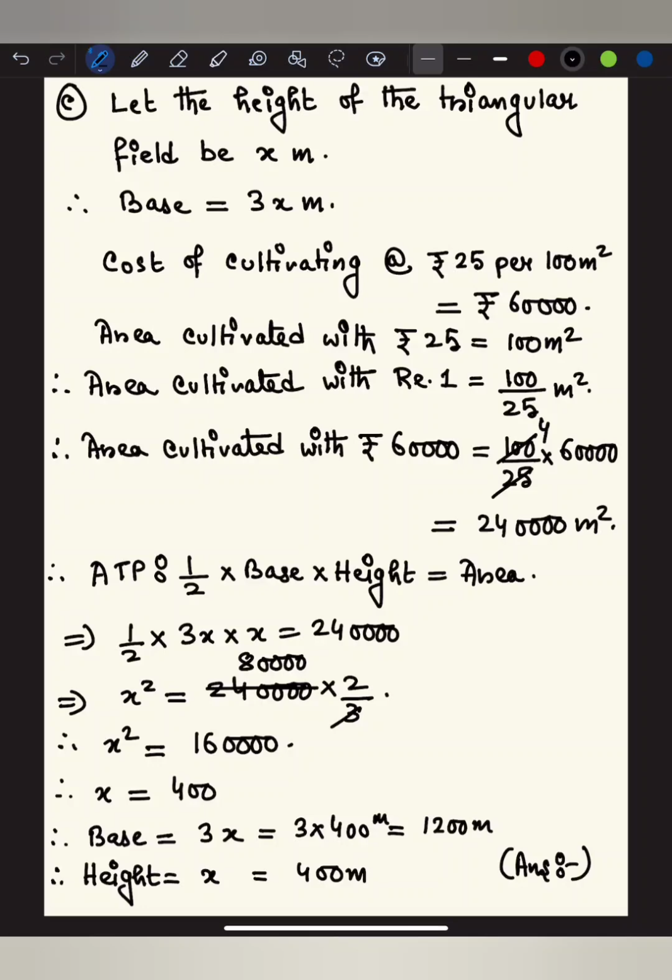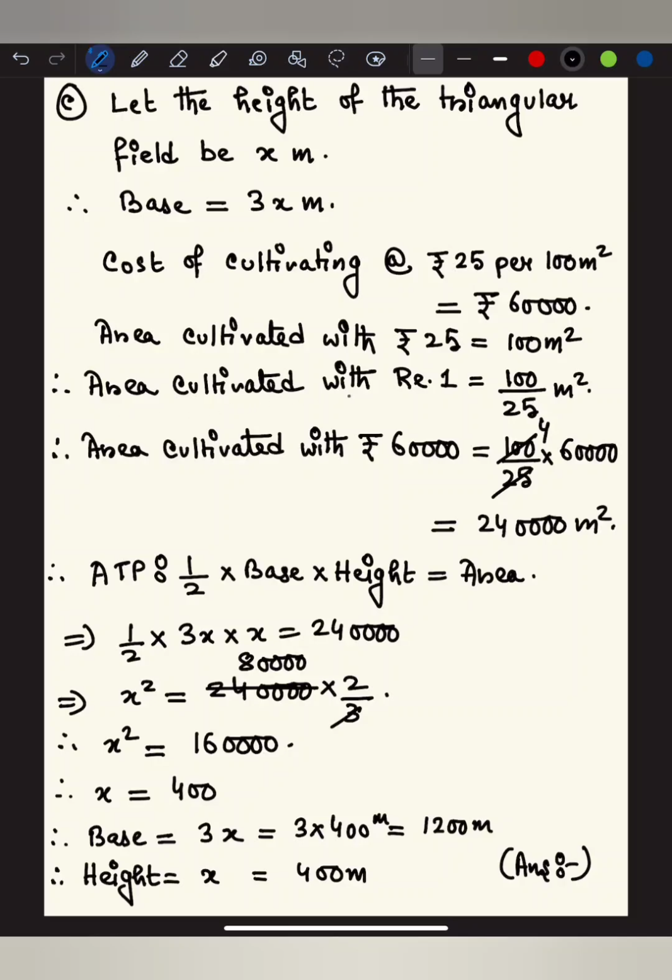What we need to do is find the area of this triangular field, right? You need to form the statement in such a way that you can find the area of the triangular field. So cost of cultivating at the rate of 25 per 100 meter square equals rupees 60,000. So area cultivated with rupees 25 equals 100 meter square.